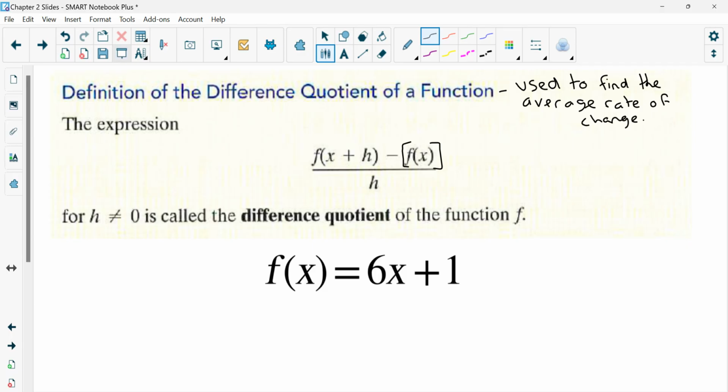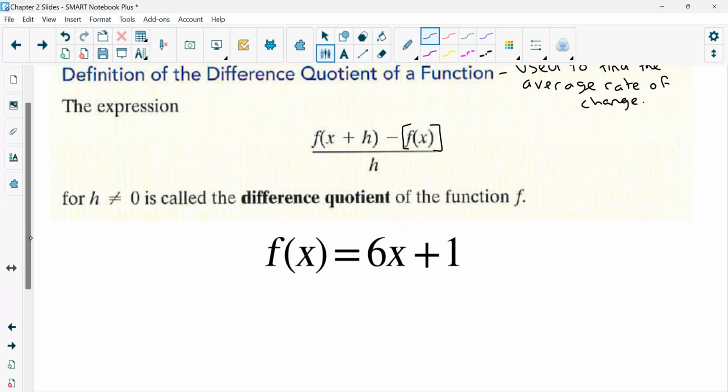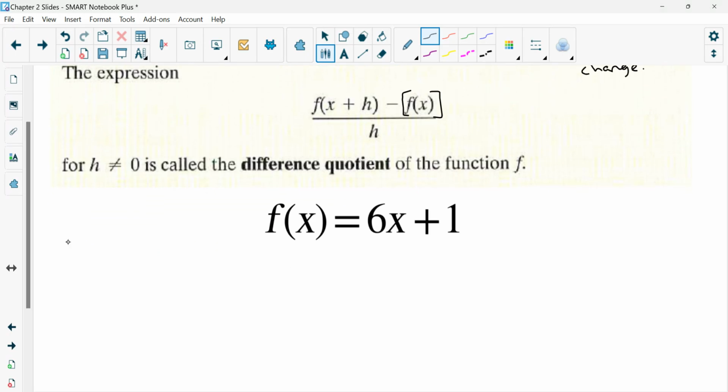So we're going to find the difference quotient for this function f of x equals 6x plus 1. And when you do this, to start, what we're going to do off to the side is just write what's f of x plus h. So f of x plus h just means I'm looking at my function, I'm replacing the x with an x plus h.